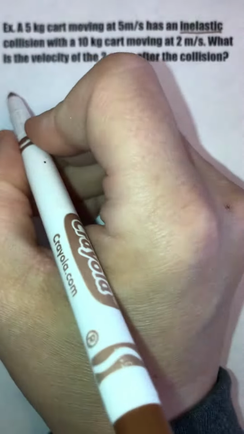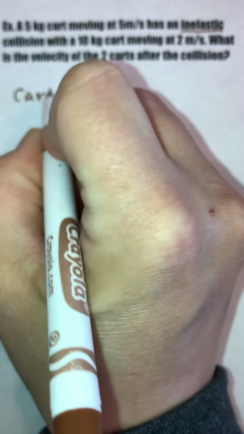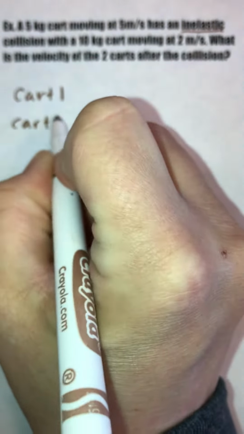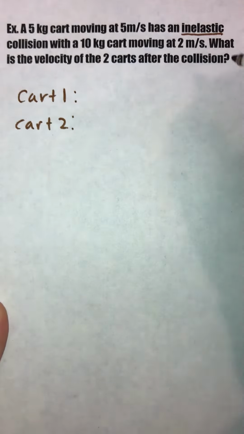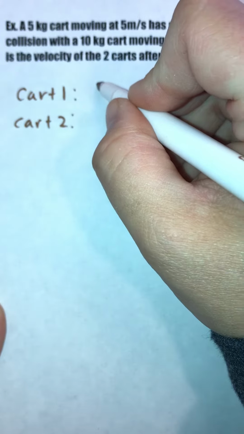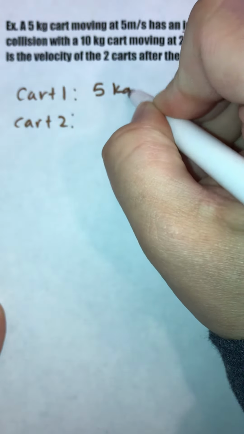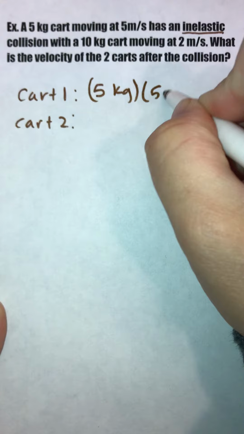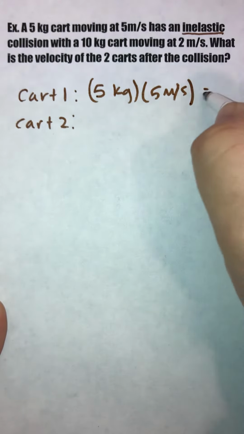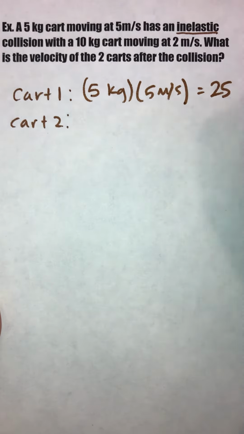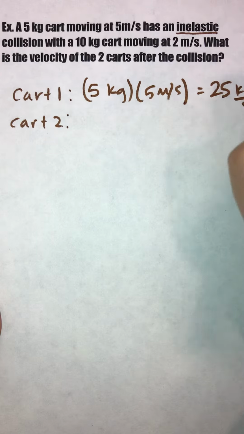So first we have to figure out the momentum before the collision. So we have a cart number 1 and a cart number 2. What is the momentum of cart number 1? Well, we know that momentum is mass times velocity, so we're going to do 5 kilograms times 5 meters per second to give me 25 kilogram meters per second.